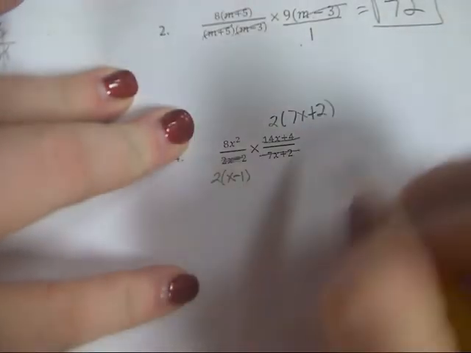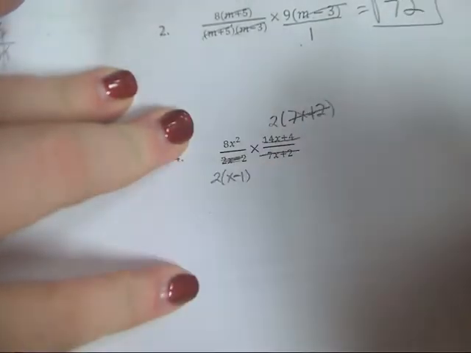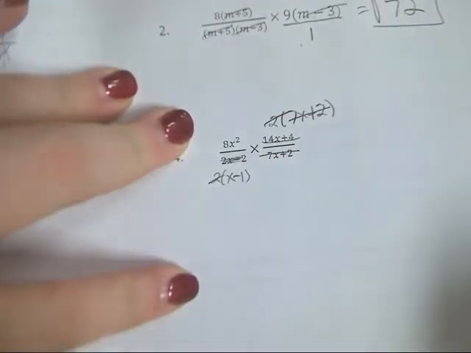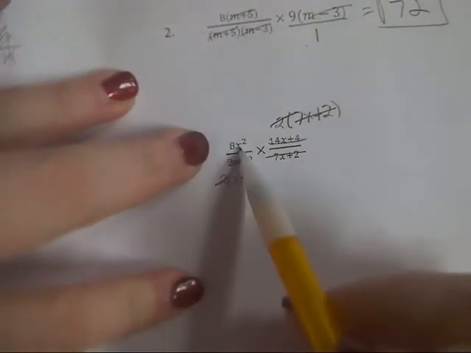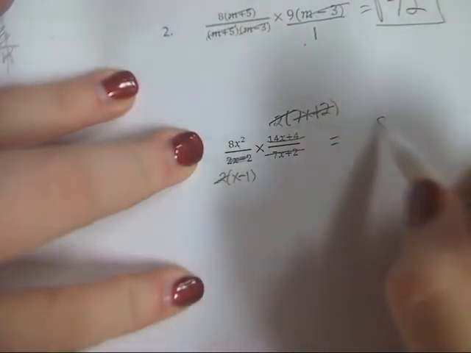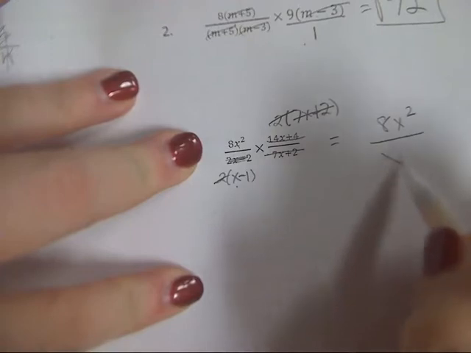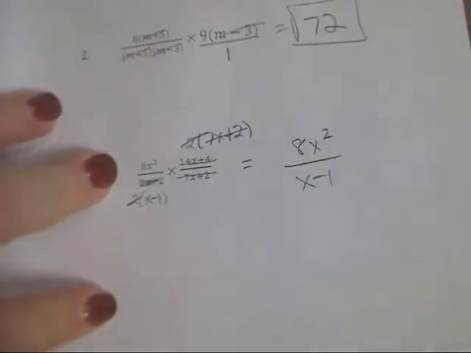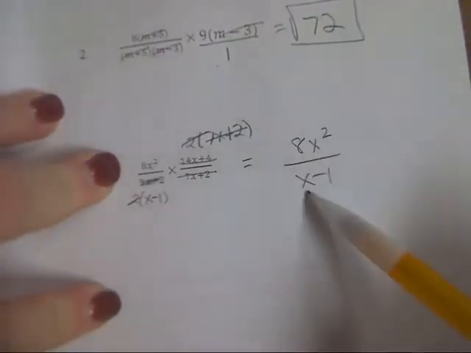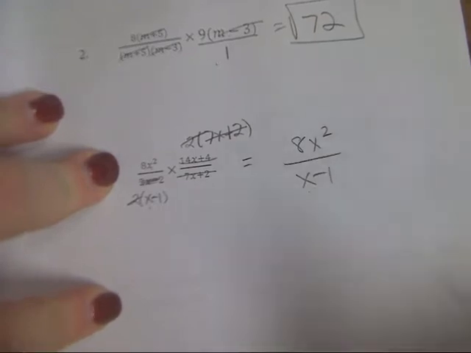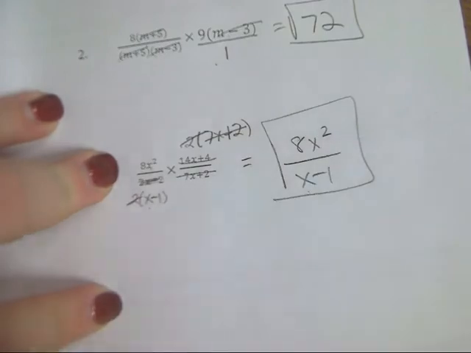I see 7x squared, 7x plus 2, 7x plus 2, and then a 2 and a 2. So it looks like my numerator is going to have 8x squared, and my denominator will only have x minus 1. All right, I cannot cancel these out because this x is being attached with the minus sign. So I cannot do anything. We are done.